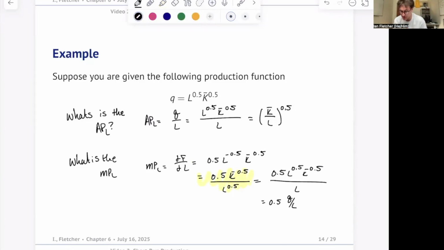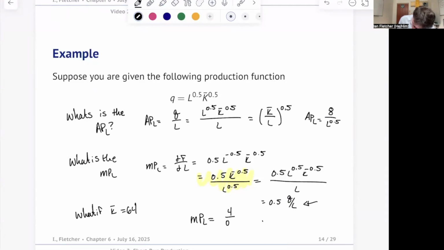I know that this is probably easier to interpret, but it's going to be easier to make sure that we're not making mistakes in the math. So then what would it be if K bar was equal to 64? Our APL would be square root of 64, which is 8. And our MPL should be 4.